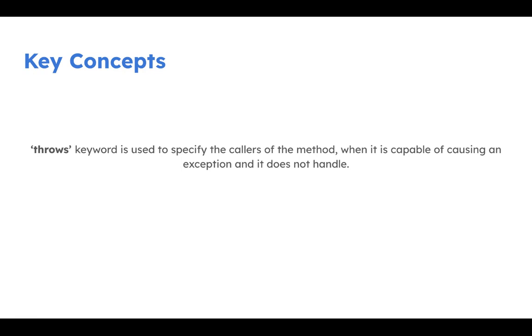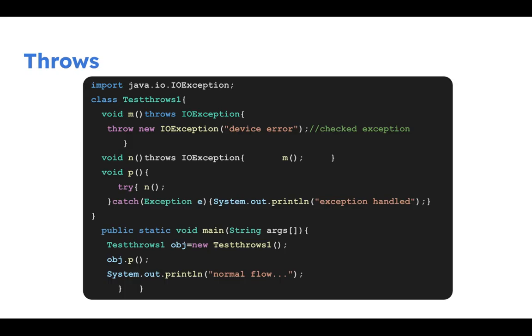We can also use the keyword throws where we want to explicitly tell the calling method that there is an exception that can be thrown by this method, and that I have not handled it, so it is your responsibility to handle that particular exception. For example, as we have seen in the previous example, method p is calling n, but n specifically says that it can throw an IOException, and then it calls m, where m also says that it can throw an IOException.